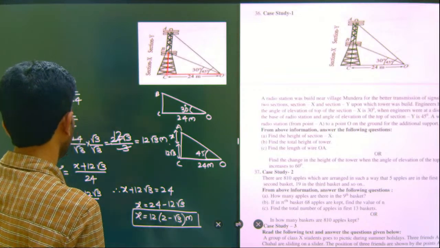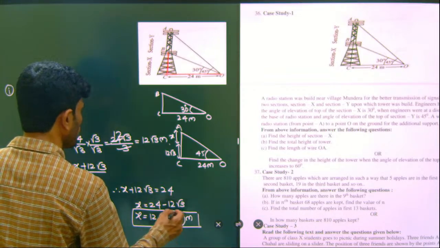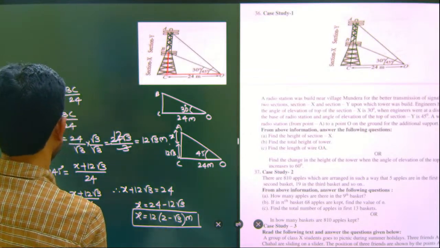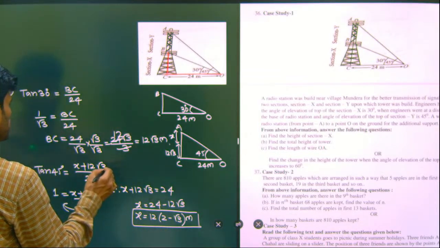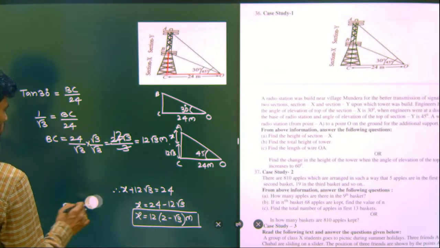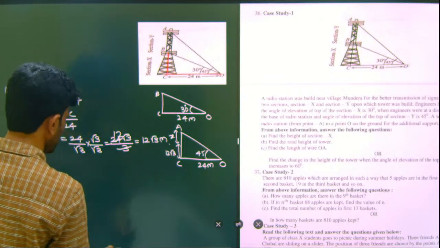But they are asking total height, so no need to do like this. When they ask you total height, it is AC here.